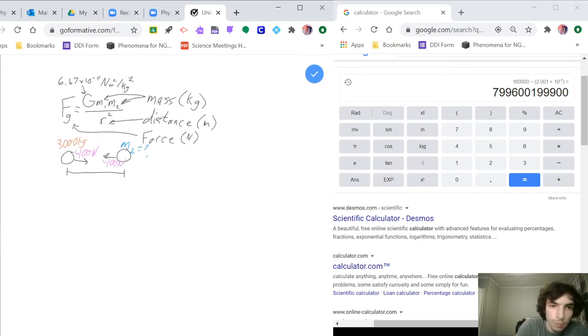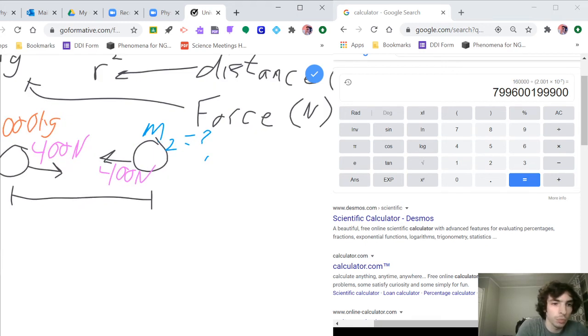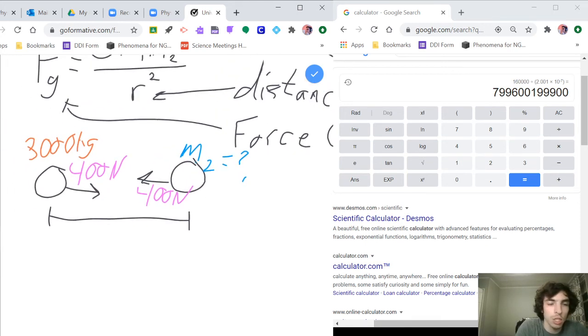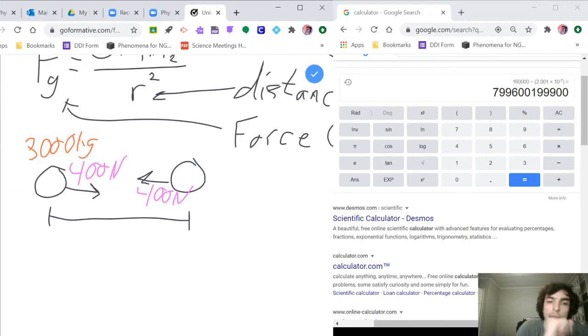So let's put some values to that. Let's get all erased. Okay. Let's say in this situation, we'll keep our 3,000 kilogram mass. That's an old friend of ours now. And let's say that the other mass is 6.4 times 10 to the 10th kilograms.